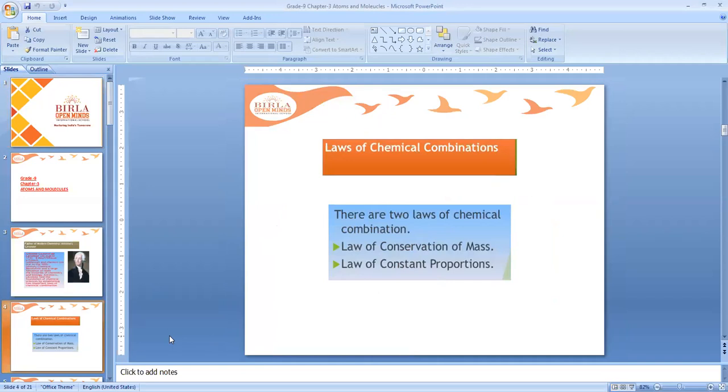So these are the two laws given by the scientist Lavoisier. He is also called the father of modern chemistry.